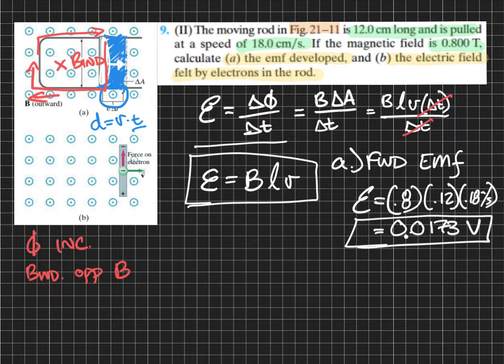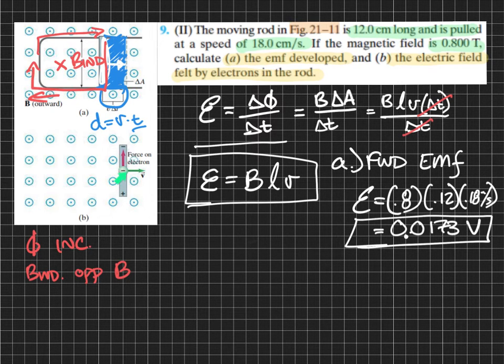I like what this diagram does. It shows electrons. Remember, it's actually electrons that are moving, but current is the opposite of the way that electrons are moving. So we can also figure this out by using the right-hand rule or the left-hand rule, because it's an electron.